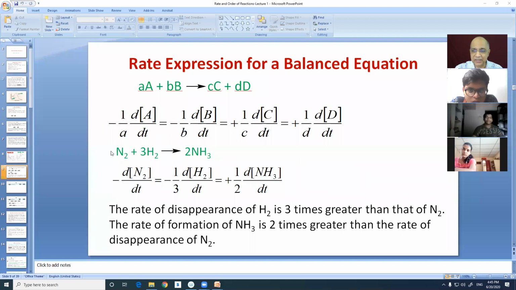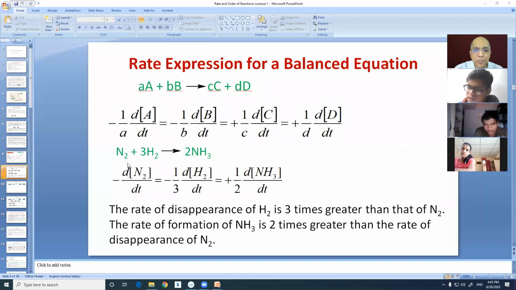See this reaction, nitrogen and hydrogen giving you ammonia. Are you listening to me? Don't look at this big equation. Look at this equation, nitrogen reacting with hydrogen giving ammonia. When your reaction coefficients are not uniform, the rates with respect to each individual species will not be the same.